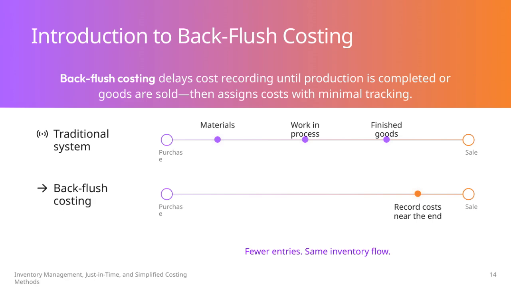Despite fewer entries, the overall inventory flow remains the same. This approach works particularly well with inventory management systems like just-in-time, where materials arrive exactly when needed, making costing more streamlined and efficient. The key takeaway is that backflush costing minimizes tracking effort while still providing accurate cost information once production is wrapped up.